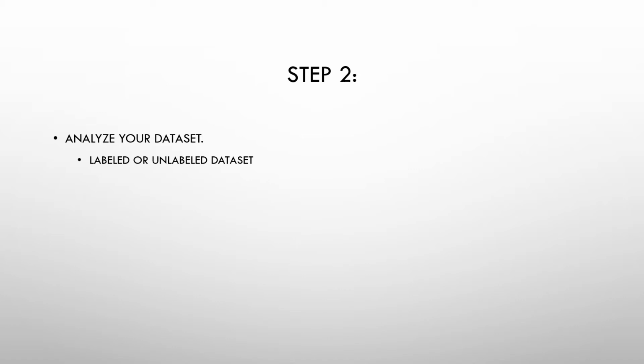A labeled data set means you will have several columns, all the columns are categorized, and you will have the heading. It can be the properties of the data set, or else we may call them the features of the data set.